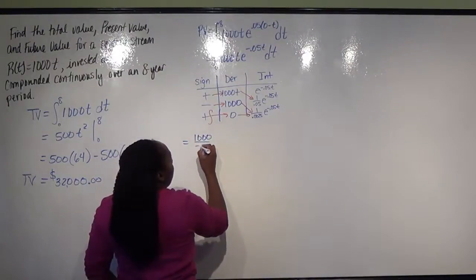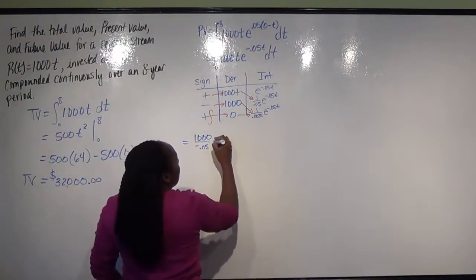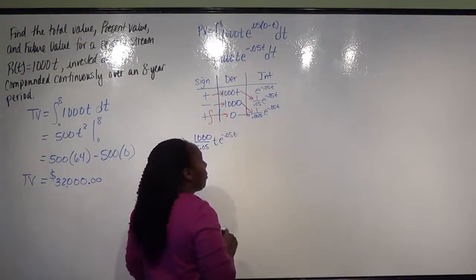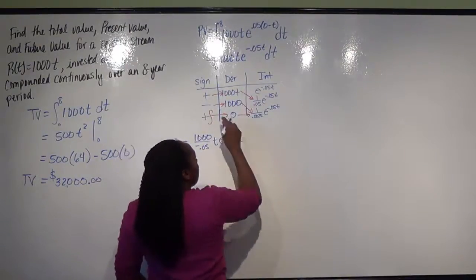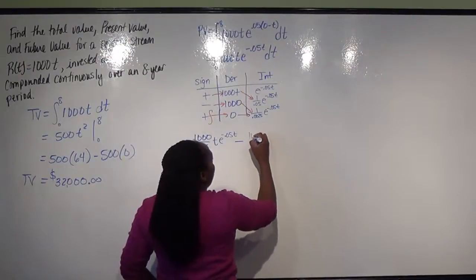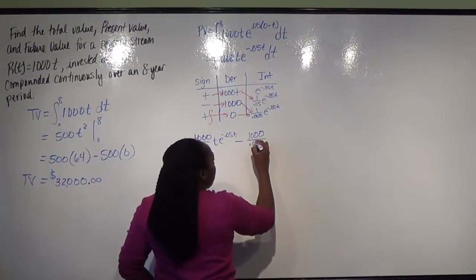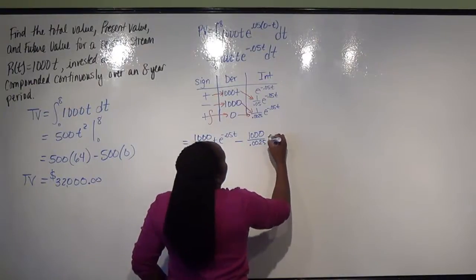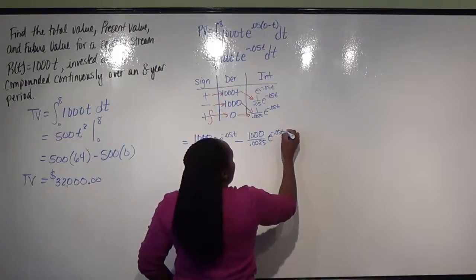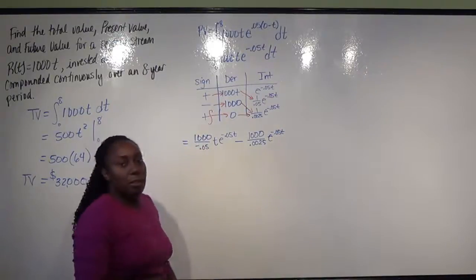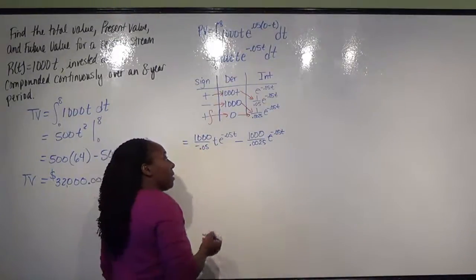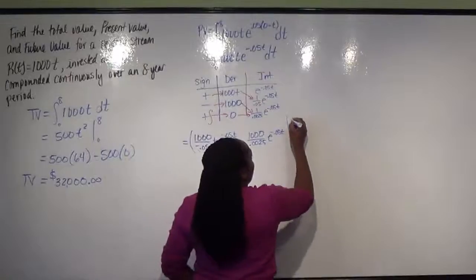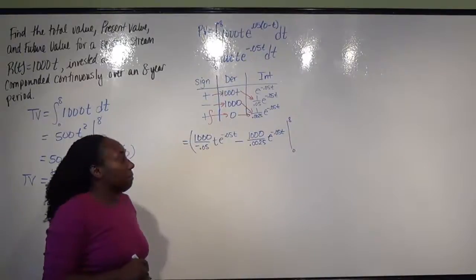So our antiderivative is going to look like 1,000 over a negative 0.05 t e to the negative 0.05 t, so that's using that first line, minus, on the second line, 1,000 over the 0.0025 e to the negative 0.05 t, and then minus our integral at 0, which is a constant, but here we have limits, so we'll just evaluate from 0 to 8.